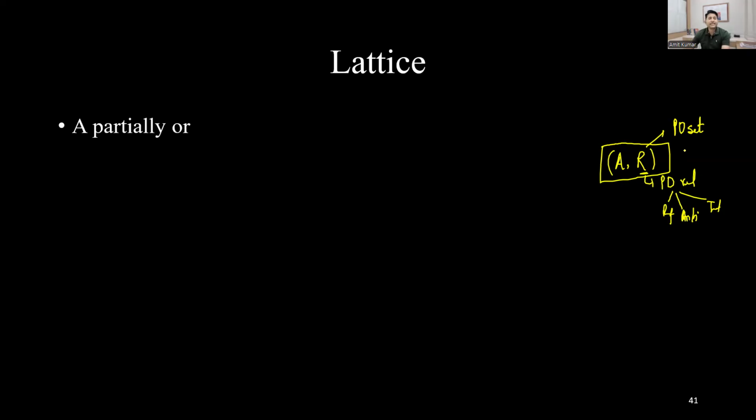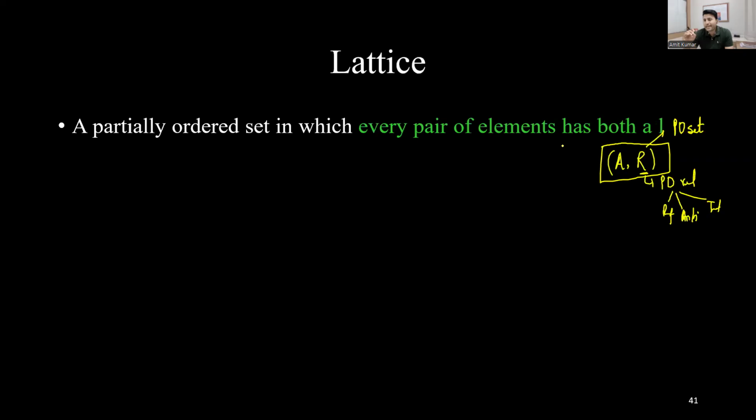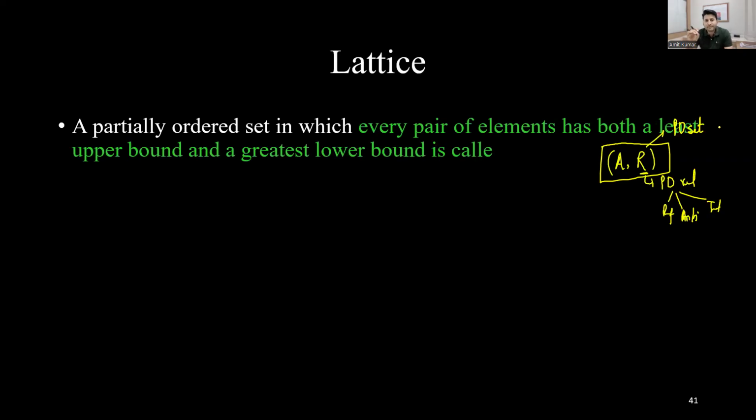A lattice is an extension of a POSET in which every pair of elements has both supremum as well as infimum. In simple words, a partially ordered set is called a lattice if it has supremum as well as infimum.